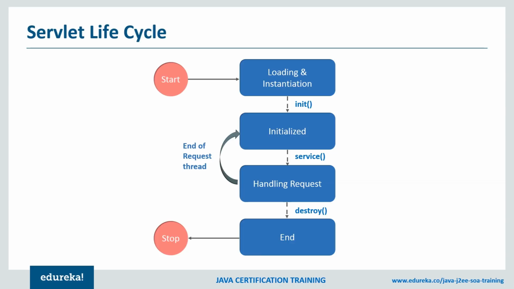This method is invoked to inform the servlet about the client request. And then servlet is terminated by calling the destroy method. Destroy method runs only once during the lifetime of a servlet and it indicates the end of the servlet instance. So basically, init and destroy methods are called only once. And finally, servlet is garbage collected by the garbage collector of JVM. So this is all about the life cycle of a servlet.